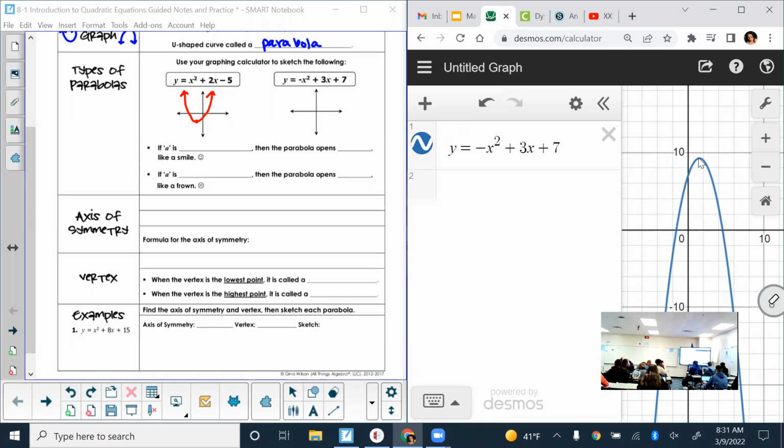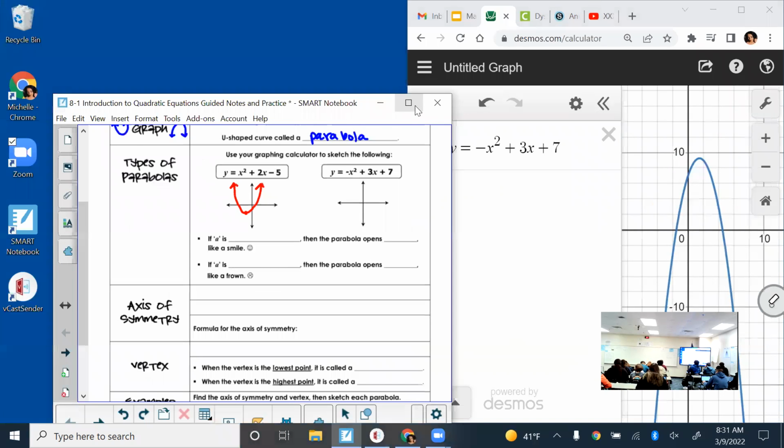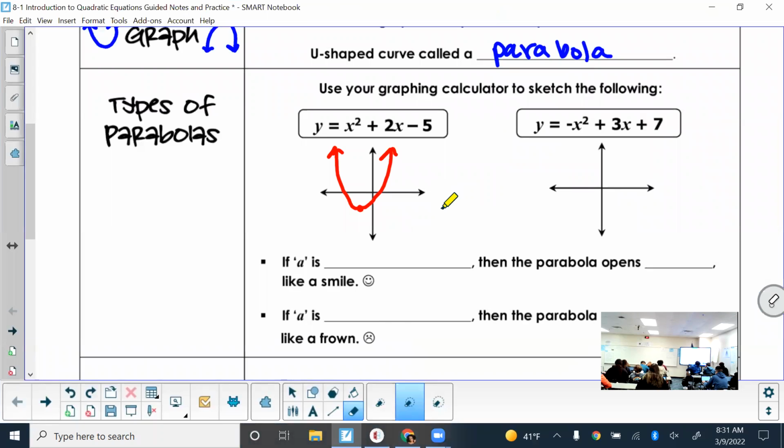The vertex is in the first quadrant now. So just transfer this drawing onto here, just a rough sketch. So the vertex is in the first quadrant, it's U-shaped, and this one opens downward.